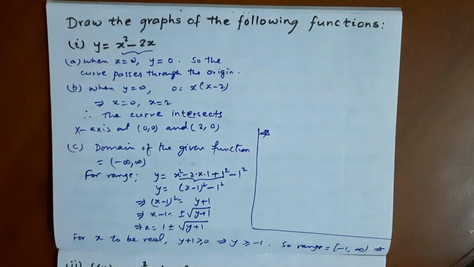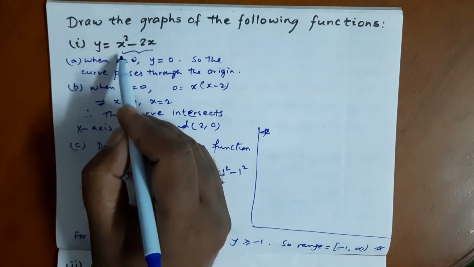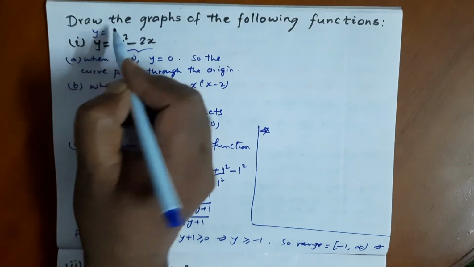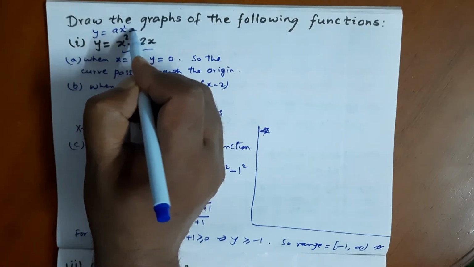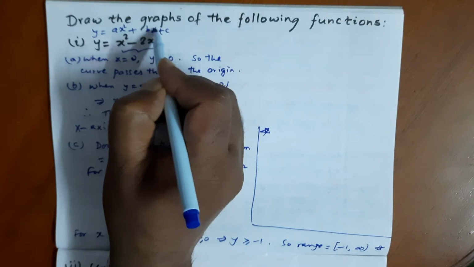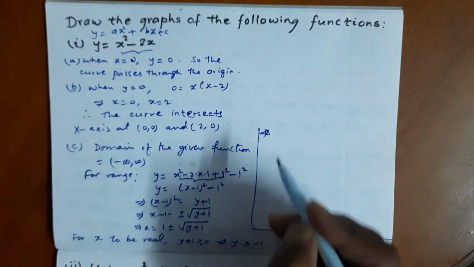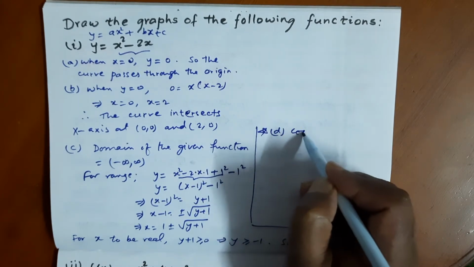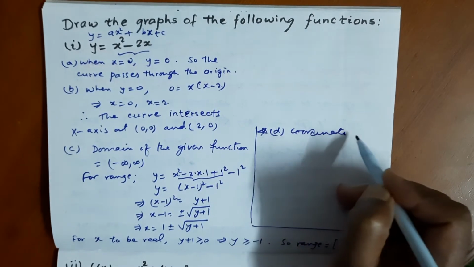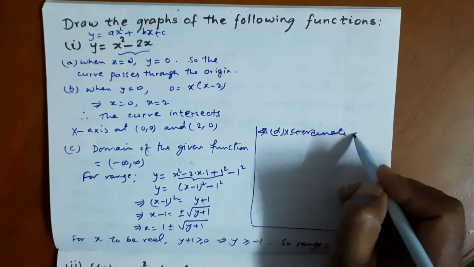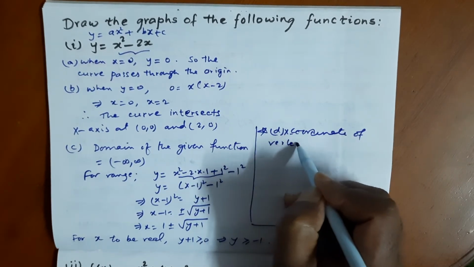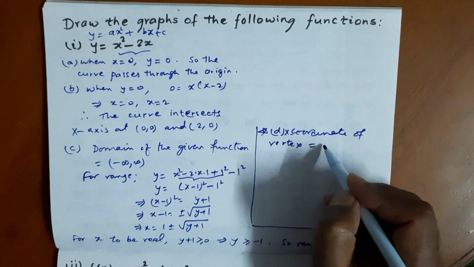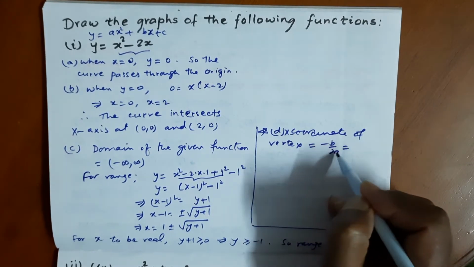Next, this is the quadratic equation in the form y equals ax square plus bx plus c, and for its vertex, in characteristic number D, the x coordinate of the vertex equals minus b over 2a is our formula.